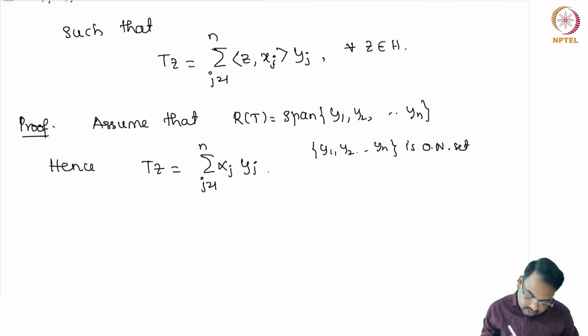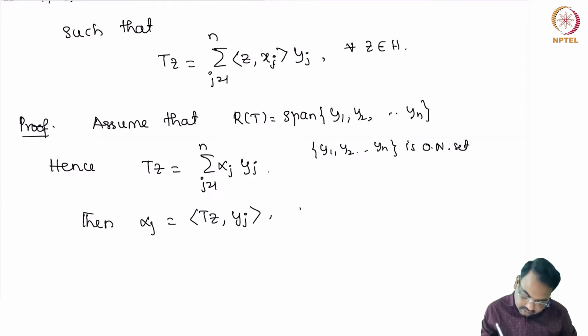Then we can easily find out what alpha_j is. Alpha_j is nothing but the inner product of Tz with yj. This can be written as the inner product of z with T star yj, j equal to 1 to n.